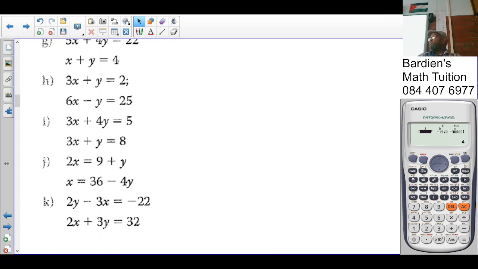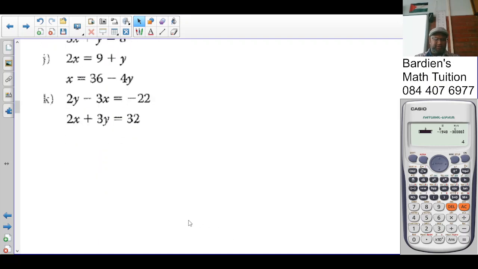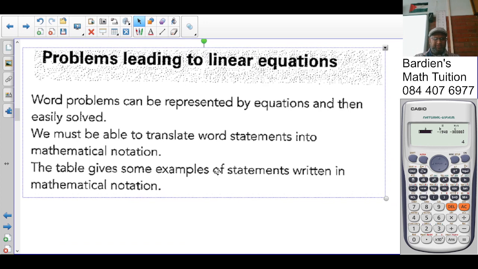Now you guys have dealt with word problems before, not so? You've dealt with word problems since primary school. You've formed equations since grade 8, not so? Many of which you did in grade 9 as well. Word problems can be represented by an equation and then easily solved. So the idea is to set up an equation. Once the equation is set up, you can solve the equation. Not so?